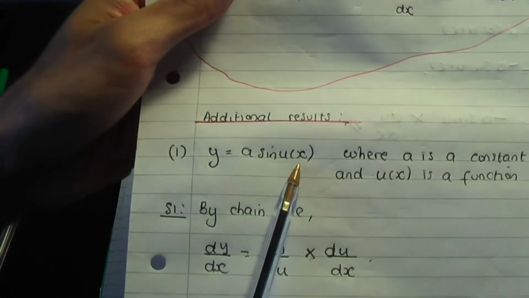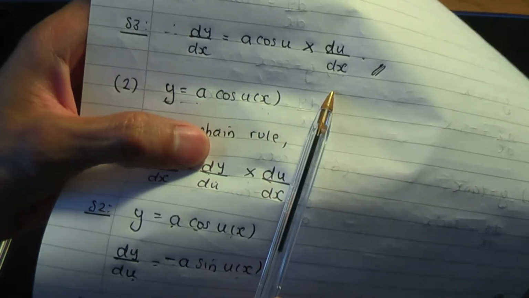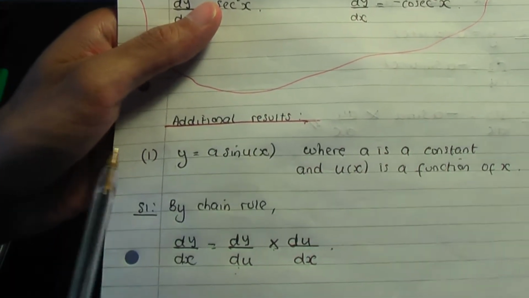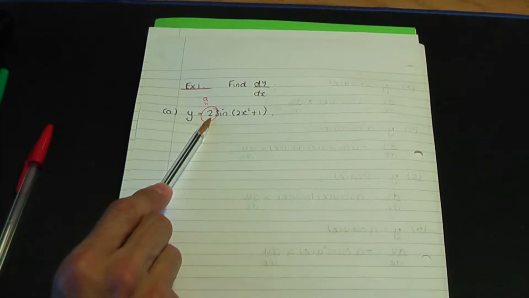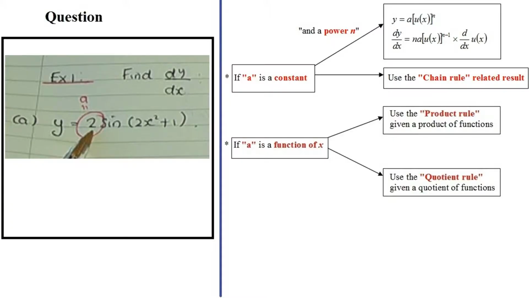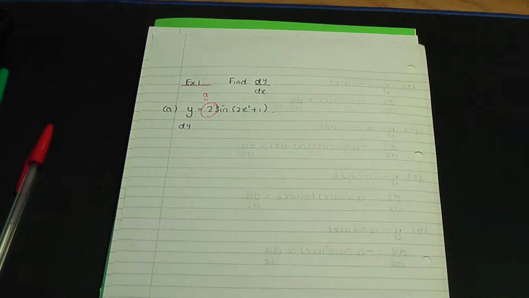So let's remind ourselves, if y equals a sine ux, we derived the result a cos u times du over dx. In our function in question, a, the term in front, is 2. So 2 is a constant, and we need to use the chain rule related result as I've shown earlier. So dy over dx, let's work out that.